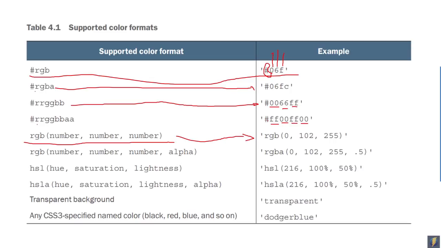The difference is the beginning. For the first four examples, the color begins with this mark. But if you write it like this, you don't need this marker. RGB1. You can use the phrase RGB1.